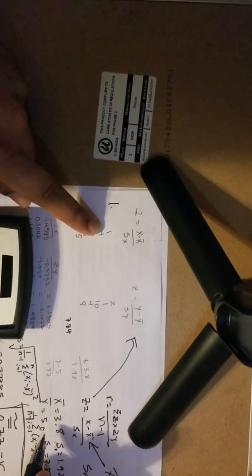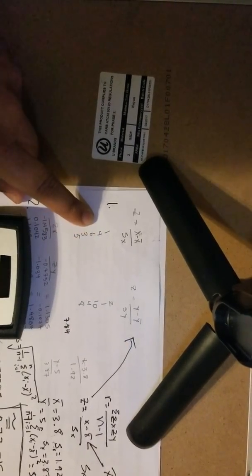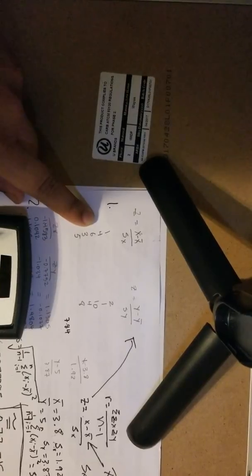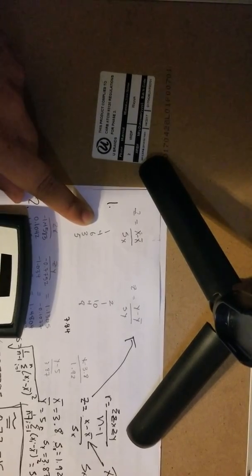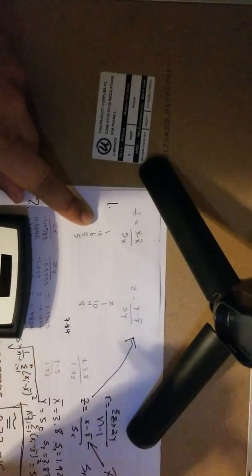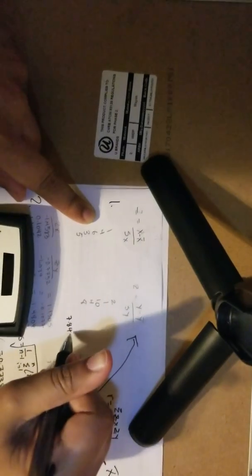Okay? Really easy, right? Then we take the next one, 4 minus 3.8, square that, and we have a second number. Super easy.